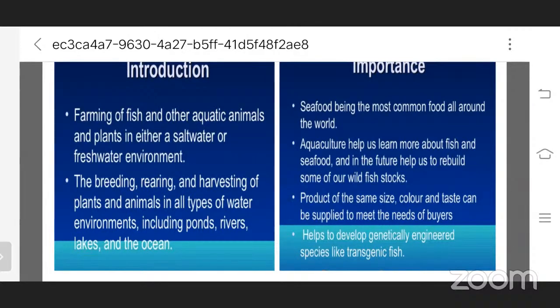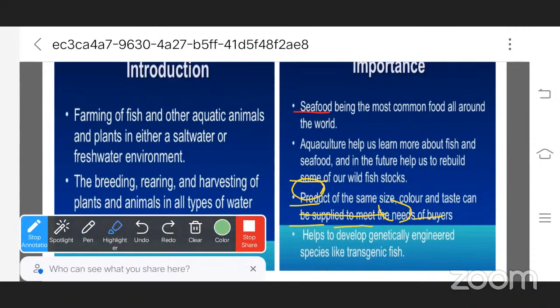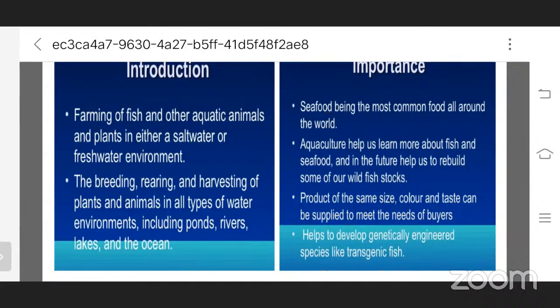And then the breeding, rearing, and harvesting of plants and animals in all types of water environments, including ponds, rivers, lakes, and the oceans, is known as aquaculture only. So we are already discussing these things.